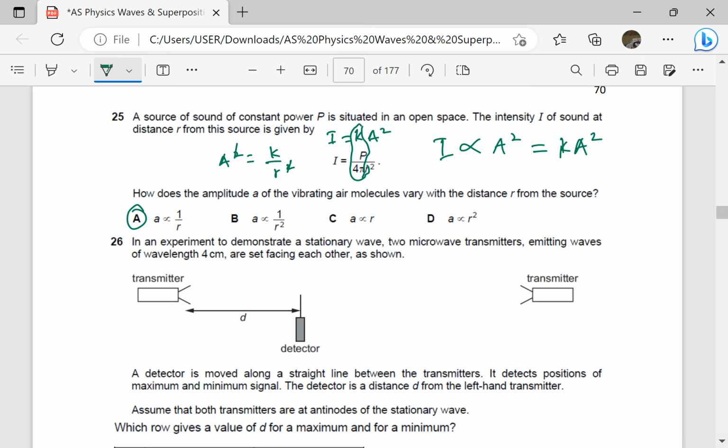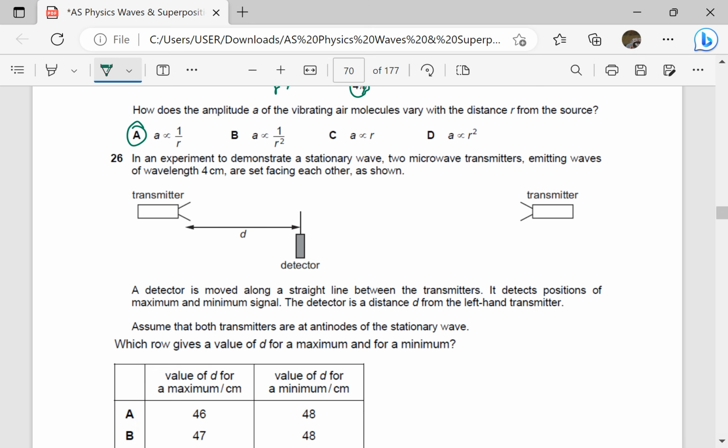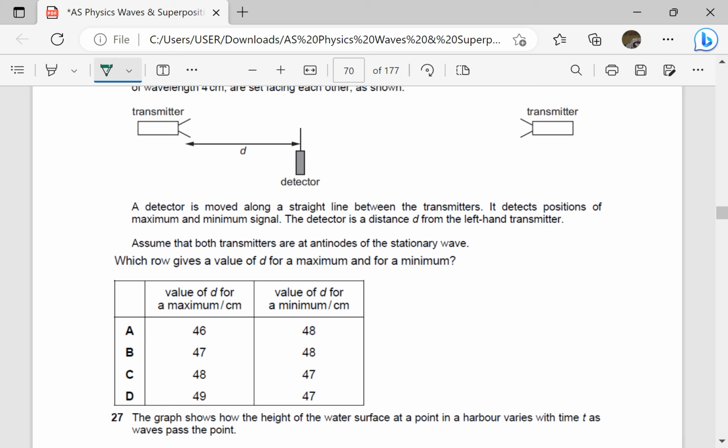In an experiment to demonstrate a stationary wave, two microwave transmitters emitting waves of wavelength 4 centimeters are set facing each other as shown here. A detector is moved along a straight line between the transmitters. It detects positions of maximum and minimum signal. The detector is a distance d from the left-hand transmitter.